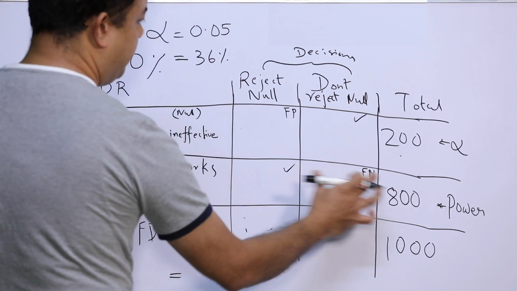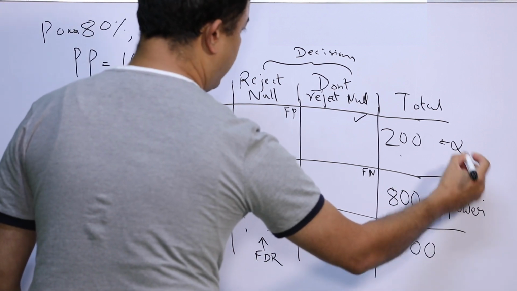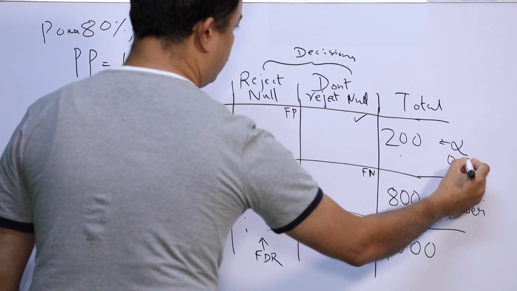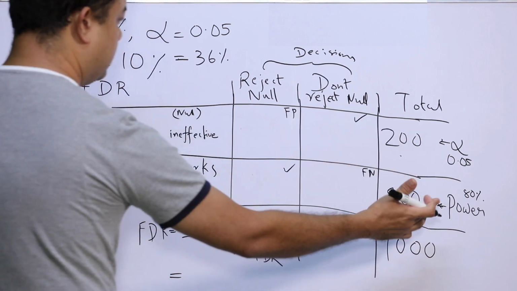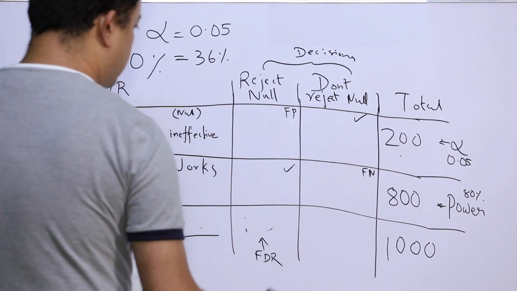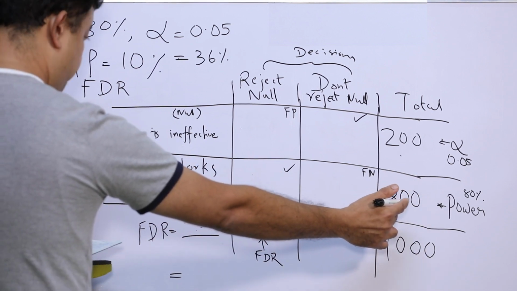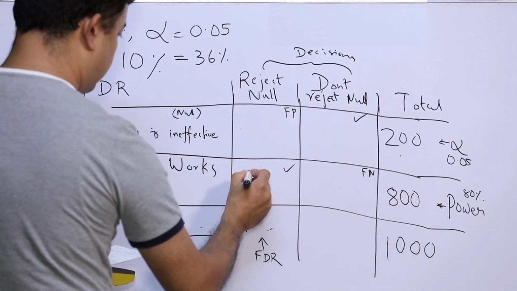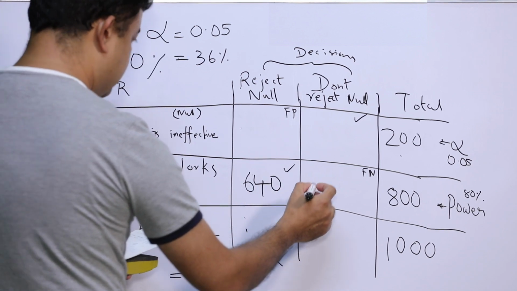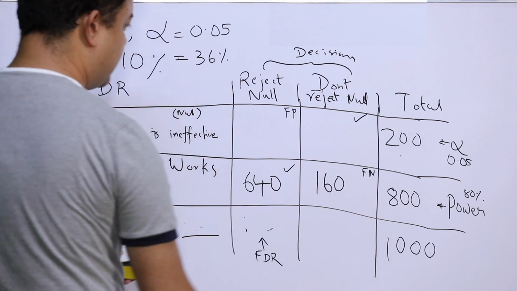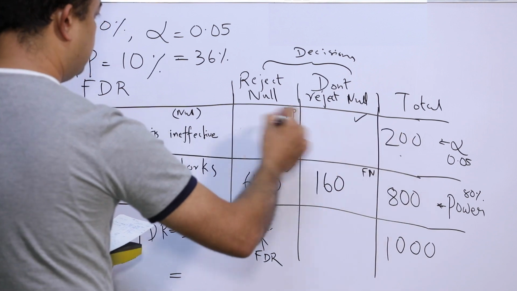Now let us fill this column based upon the power. The power, as we know, is 80%, while sigma is 0.05 or 5%. So just multiply by 0.8 to get the power. 80% of 800 is 640 true positives, while the rest, 160, is false negatives. Then 200 multiplied by 0.05 gives you these values.